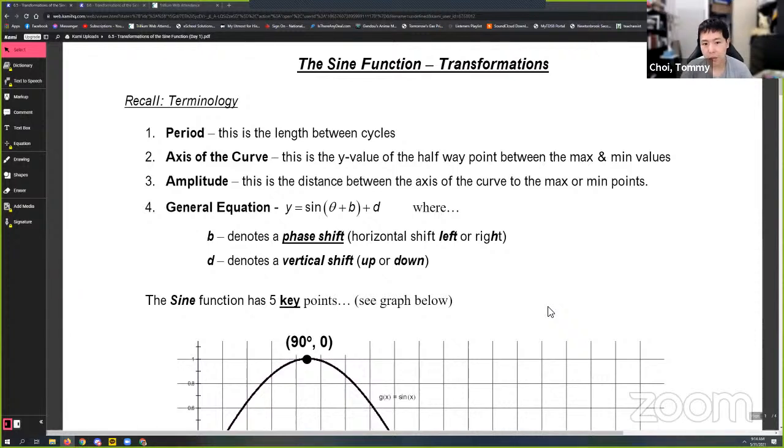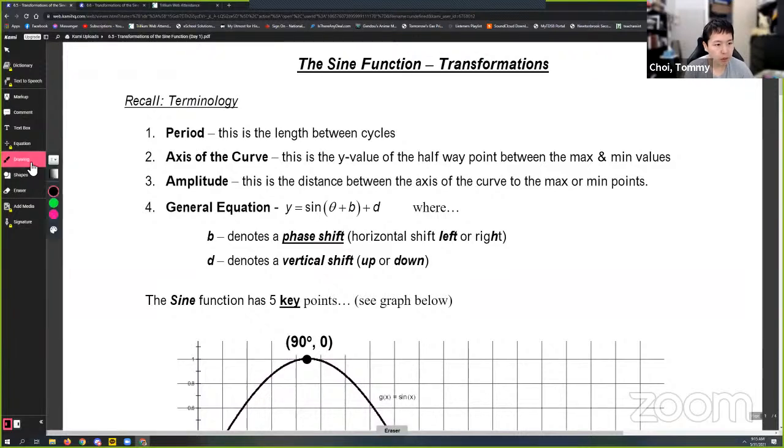And last but not least, your general equation. We normally have f of x or y equals sine x, but now instead of x, we put in theta. It doesn't really matter, you can still put x. Sine theta plus b plus d. And b is your phase shift, and it's in the same position as it was in the quadratic formula.